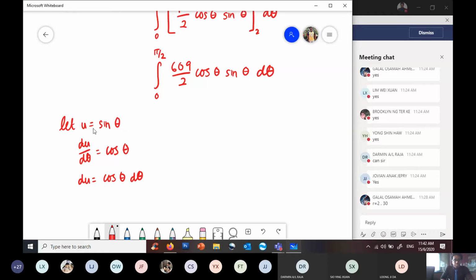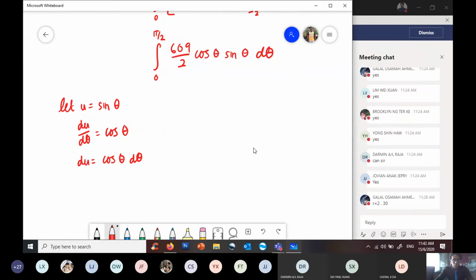And because now we are changing everything to u, we have to change the limits as well, right? Don't keep the limits. So when theta is equal to 0, your u becomes sine 0, which is 0. When your theta is equal to pi over 2, your u becomes sine pi over 2. Pi over 2 is 90, sine 90 is 1. So u is equal to 1. So these are your new limits.